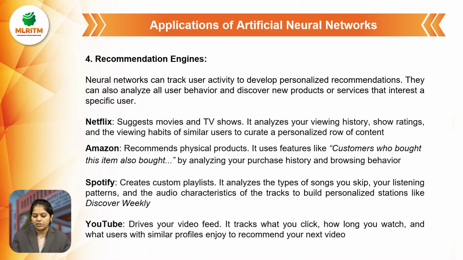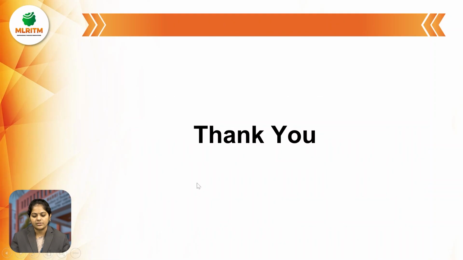It drives your video feed and will track what you click, how long you watch, and what users with similar profiles enjoy to recommend your next video. So this is how recommendations get displayed over YouTube. Once I watch one kind of video, every time I open it, those kinds of videos will get displayed over the homepage, so that I can enjoy my own content. This is how recommendations can be given with the help of artificial neural networks.